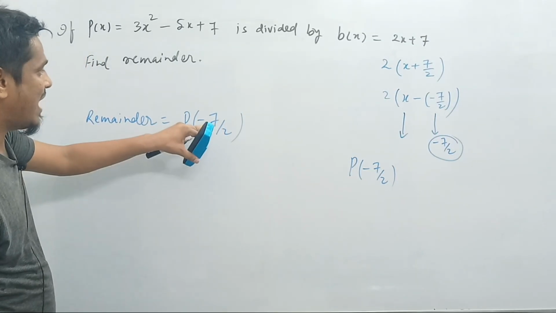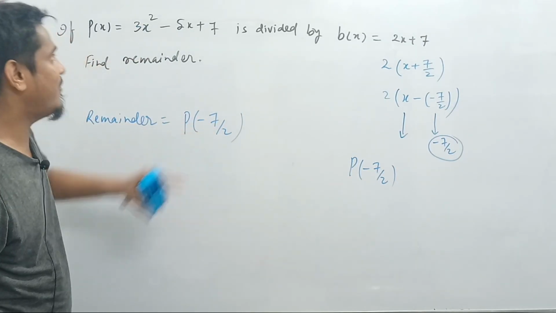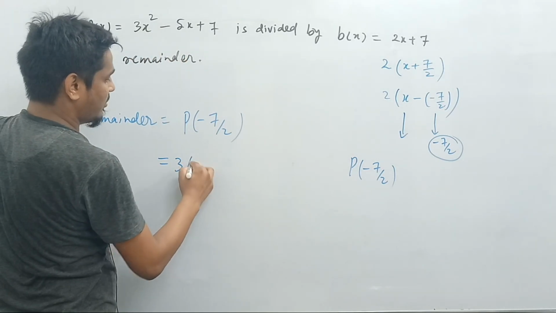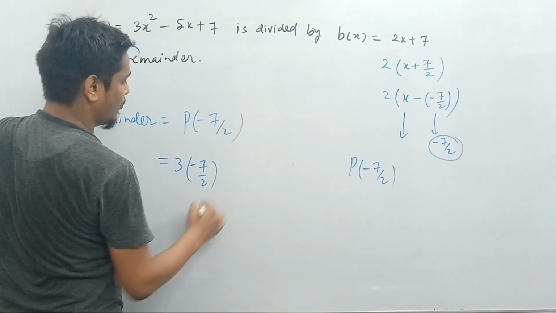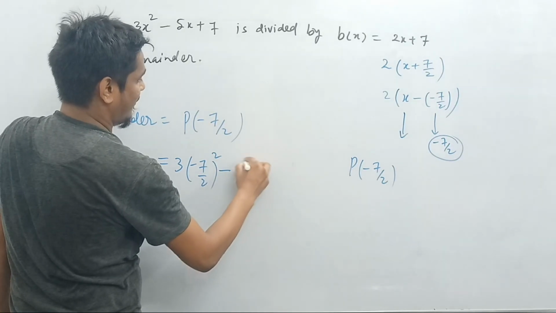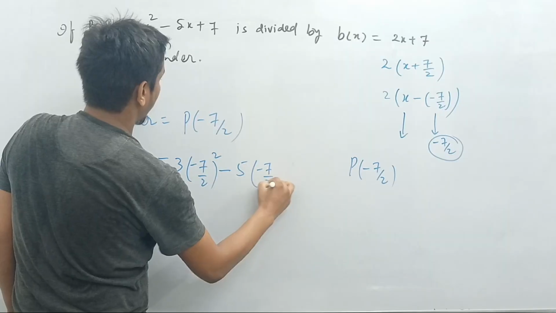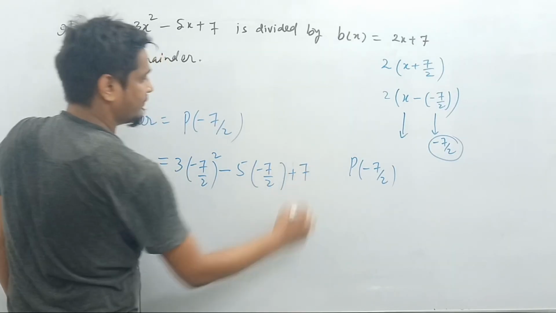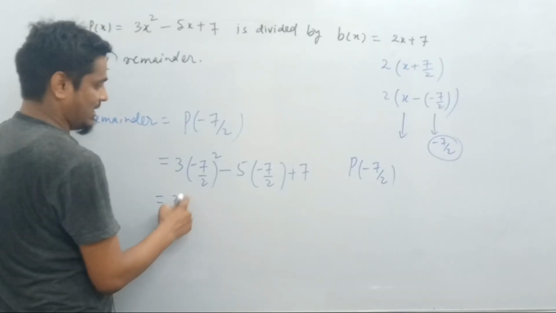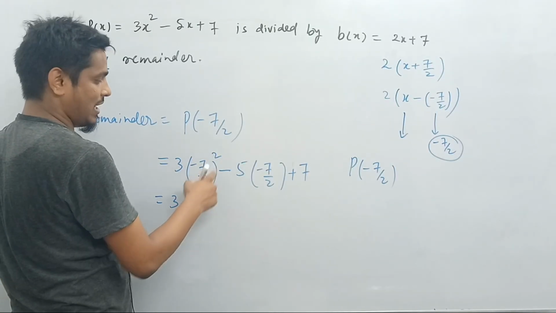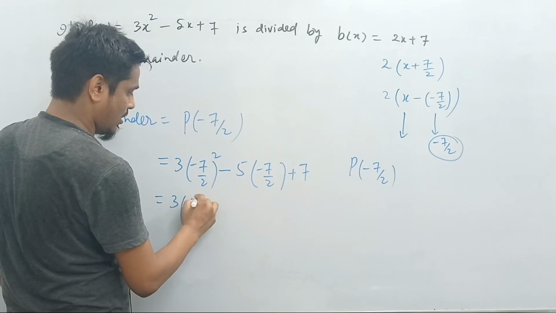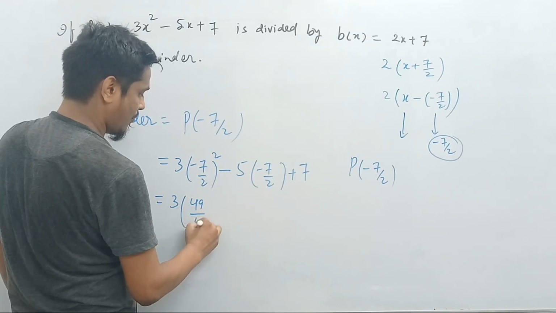Now substitute the value x equal to negative 7 by 2 in the given polynomial. We are going to get 3 times negative 7 over 2 whole squared, minus 5 times negative 7 over 2, plus 7. Now 7 squared is 49, 2 squared is 4, and as negative squared is positive, this is going to be 49 by 4.